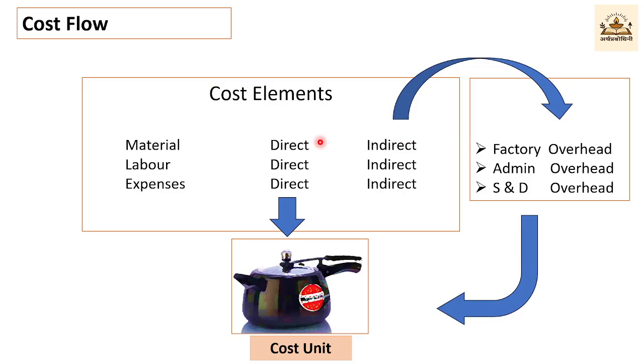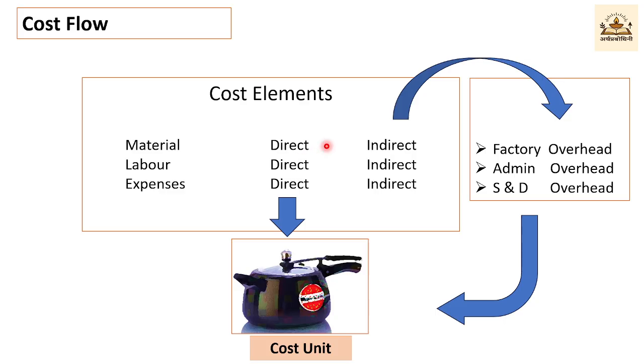What is direct? Direct means all the expenses, that is, material, labor, and expenses, which are direct in nature, means you can identify this cost easily. You can trace direct material cost, direct labor cost, direct expenses easily in the final product. That's why it's called direct.